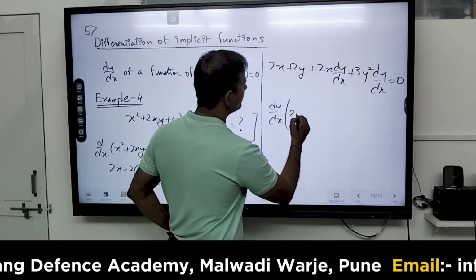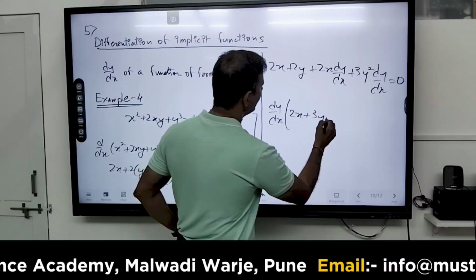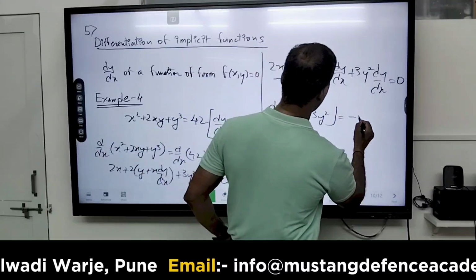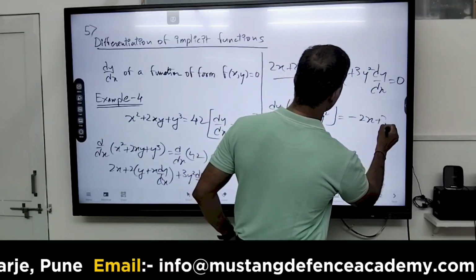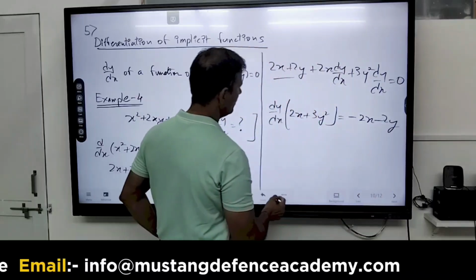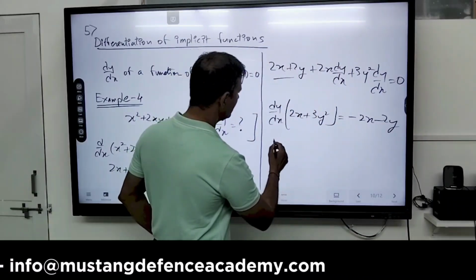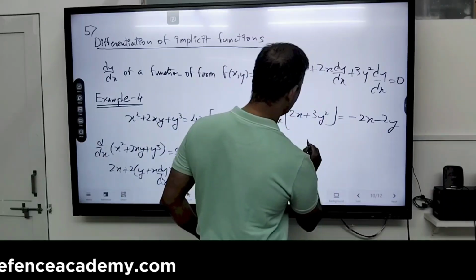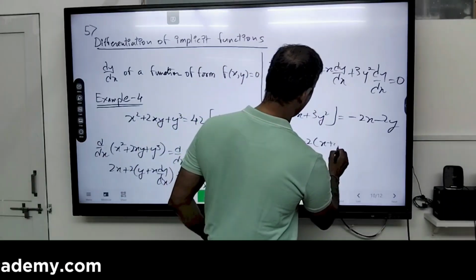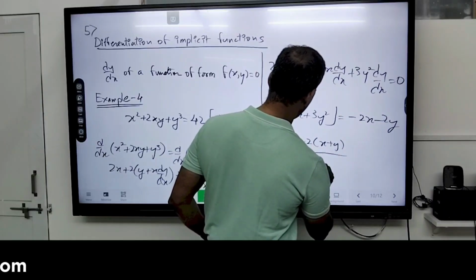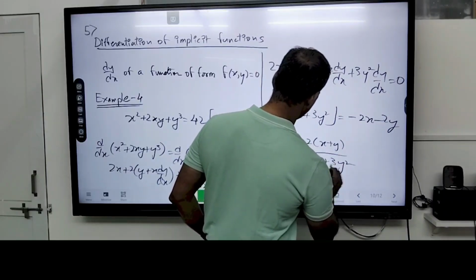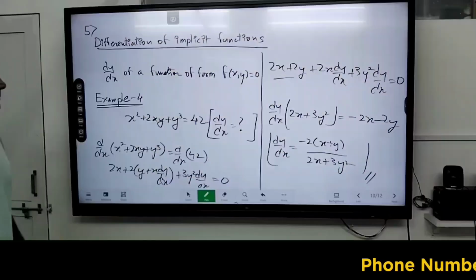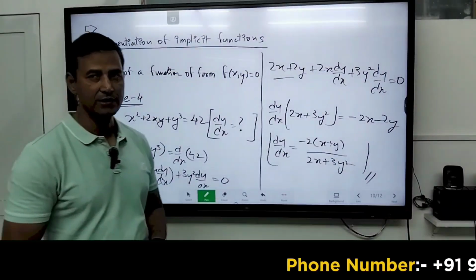So on one side 2x plus 3y squared, and let's take this to the right hand side, is equal to minus 2x plus minus 2y. Now we can take dy by dx would be equal to, put it in the denominator, minus 2 taken out, x plus y the whole upon 2x plus 3y squared. So this is how you do the implicit functions differentiation.